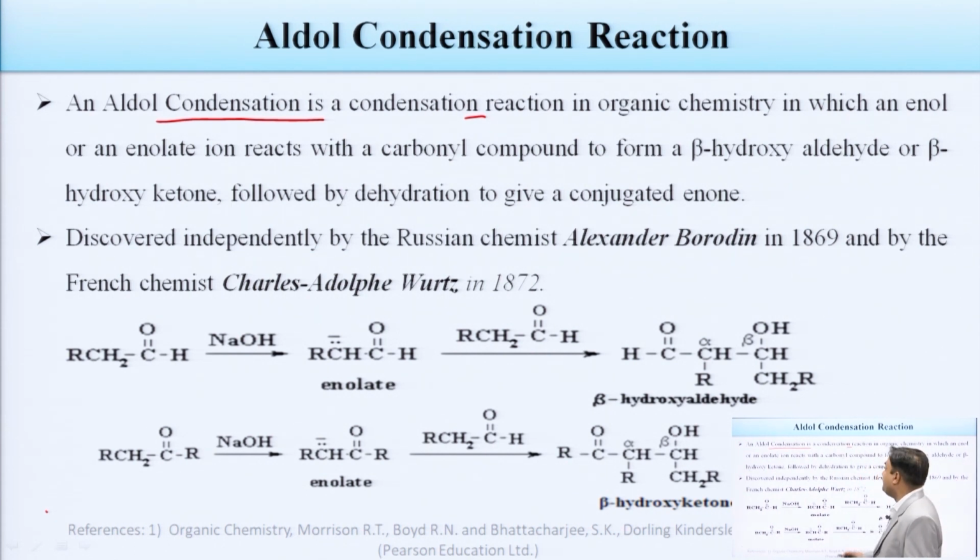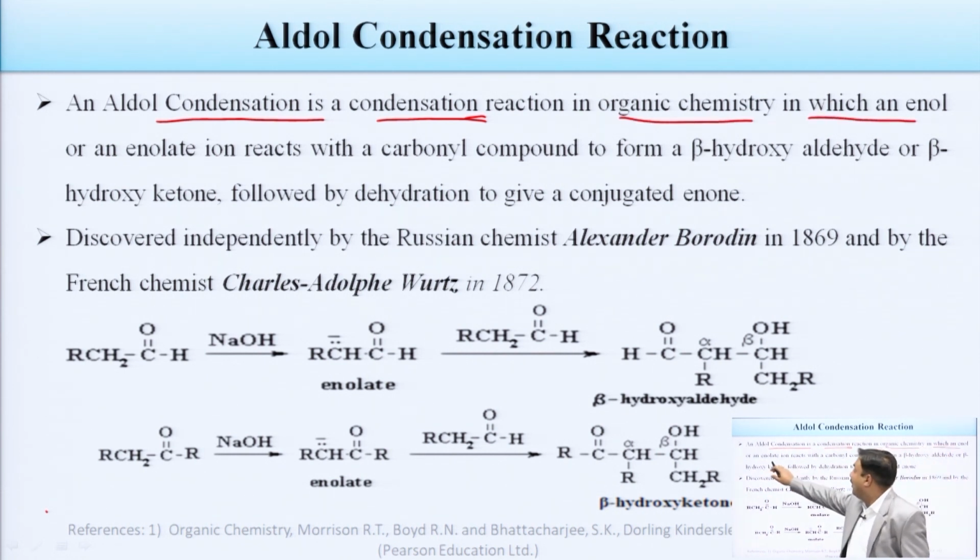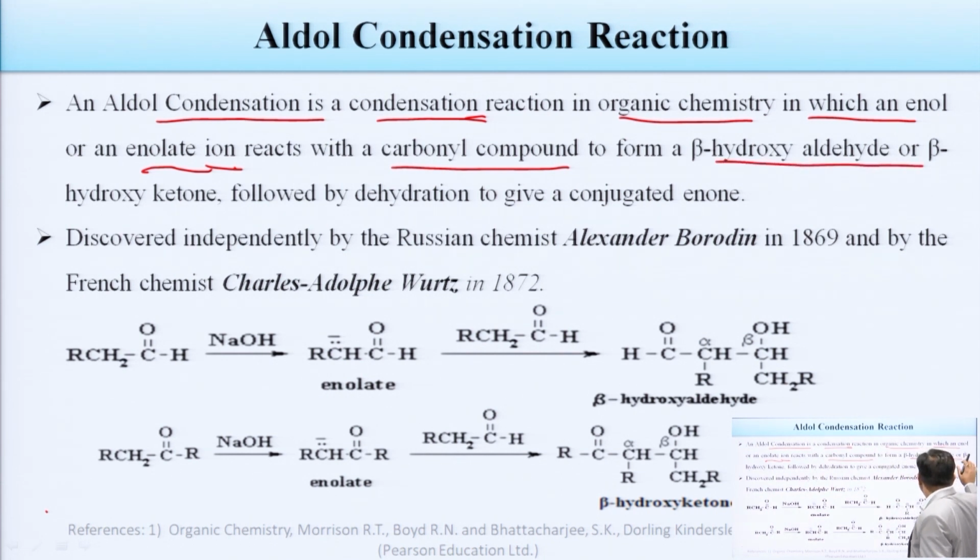Most of the time. So, aldol condensation is a condensation reaction in organic chemistry in which an enol or enolate ion, which comes from the aldehyde or ketone we are using in this reaction, reacts with a carbonyl compound to form a beta hydroxy aldehyde or beta hydroxy ketone.